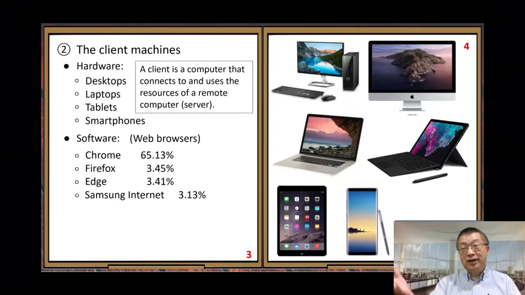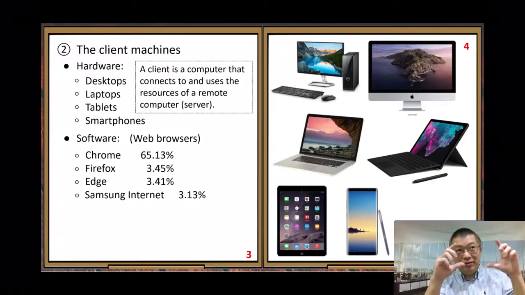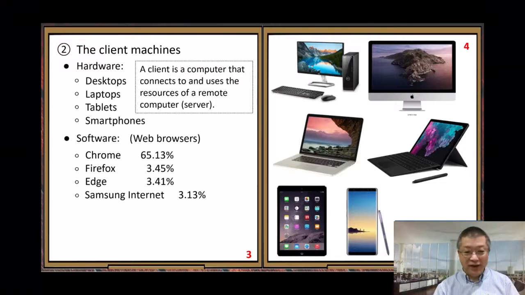But based on my impression, not many people use this one, right? Samsung Internet. The browser is called Samsung Internet. On my smartphone, I use Samsung Note. This is the model I'm using now, Samsung Note 9.